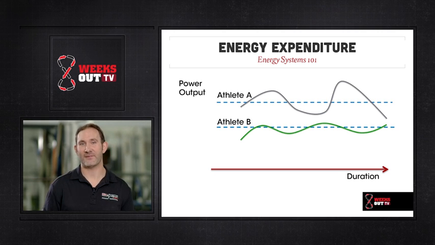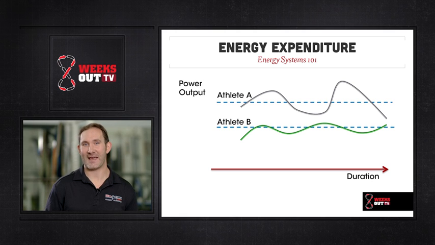So if we look at this graph, which shows us power output over time, we have athlete A and athlete B again here. Let's say athlete A is capable of producing much higher levels of power than athlete B. Well, you think, okay, this athlete can produce more power, they're going to last longer, they're going to outperform athlete B, but it depends on how well they decide to manage that energy. So if we look at this graph, those little lines represent how much energy they're actually spending. If athlete A spends a whole bunch of time above the maximum level they can sustain, they're going to fatigue a lot faster.